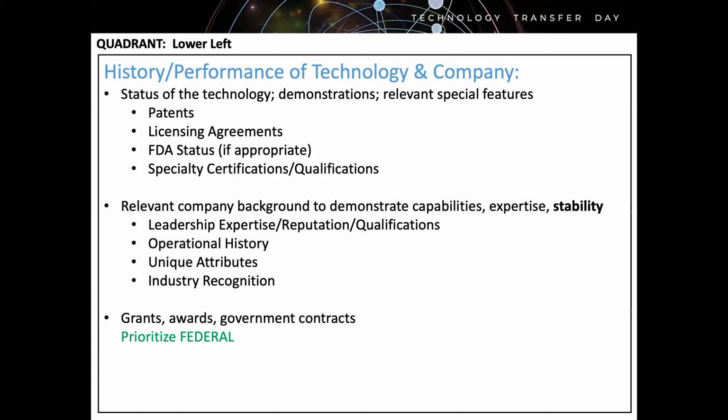And then finally, in the grants, awards, and government contract section, I do say prioritize federal because that's obviously something that is relevant to the technology scouts in particular. The other piece to this is that when you do have a history with federal funding, whether that's R&D grants or maybe even commercialization, SBIR opportunities, they're going to want an additional document from you.